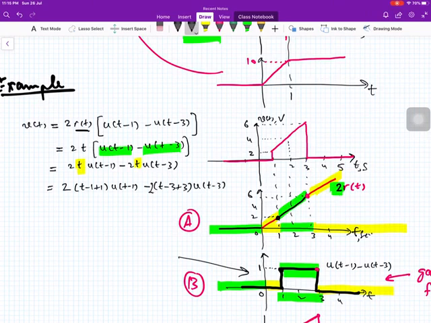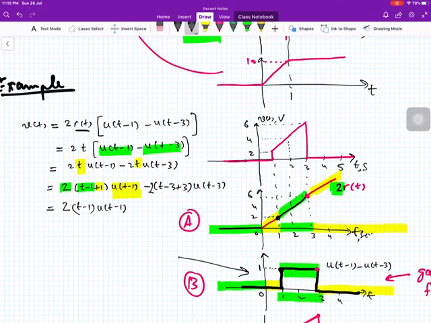There is 2 over here. Now this 2 is reproduced over here, and this t-1 part goes with this u(t-1). So this is (t-1) u(t-1), and then this plus 1 multiplied by u(t-1).